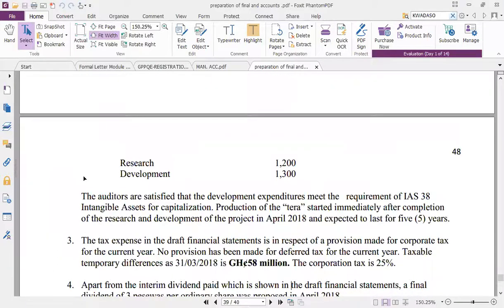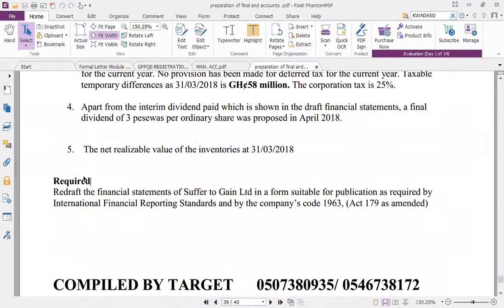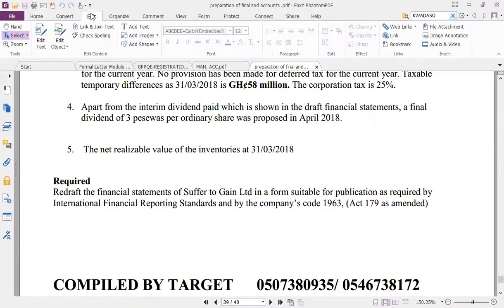Please, for the last footnote, put 11,000 there. So it's like the net realisable value of the inventory is 11,000 after that date.